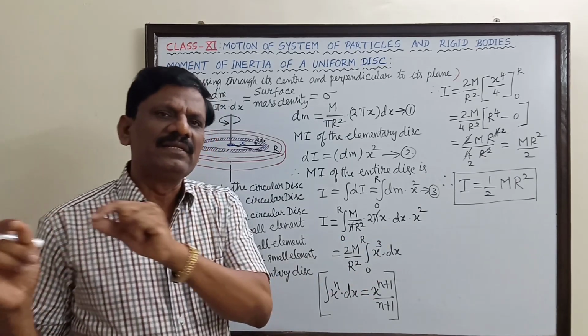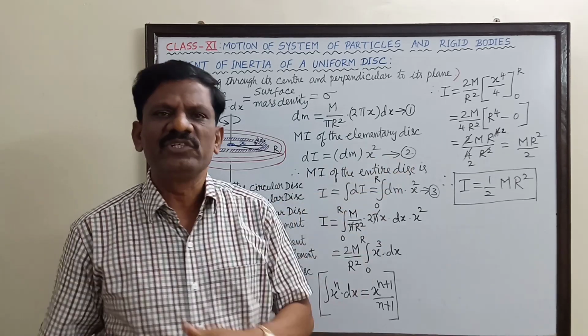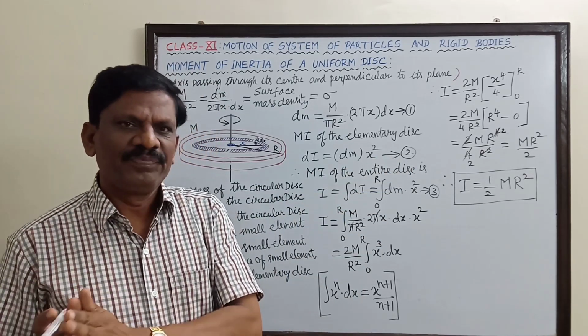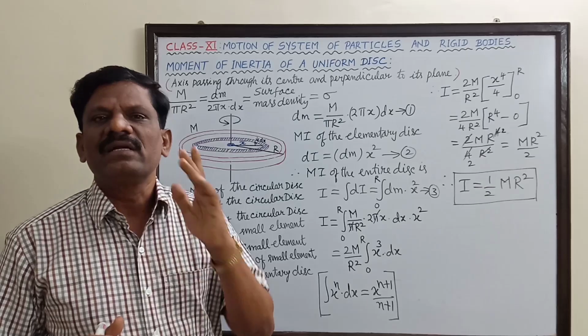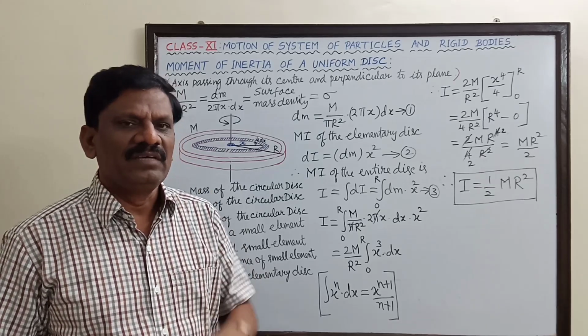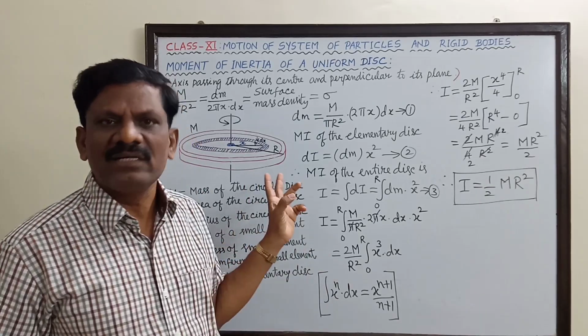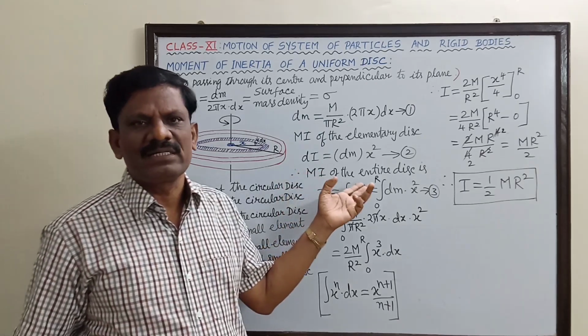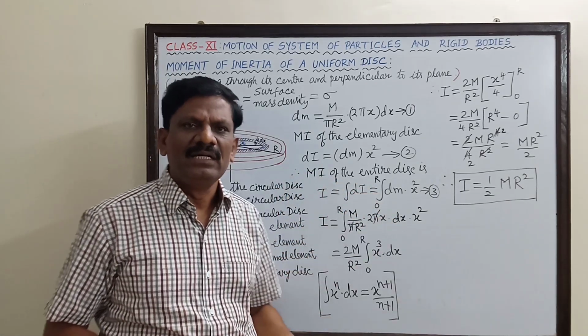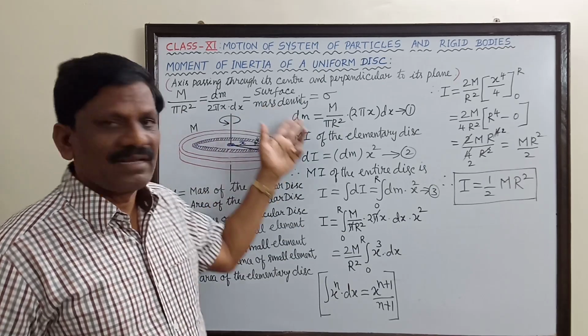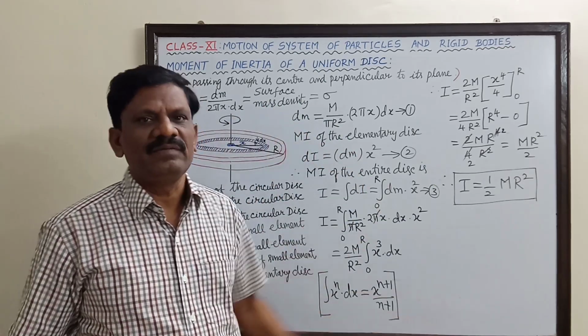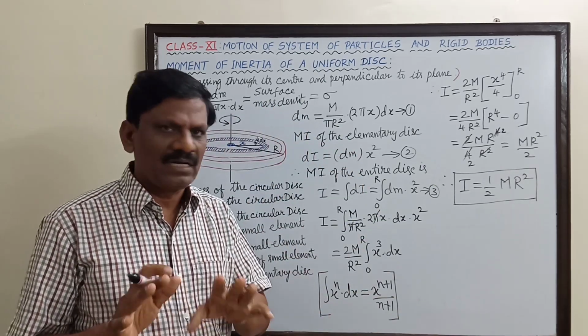If the object is one dimensional, find the ratio mass per unit length. That is a constant, called the linear mass density. If the object is two-dimensional, like a circular plate or a rectangular plate, then you have to take the surface mass density. That is mass by area, a constant.